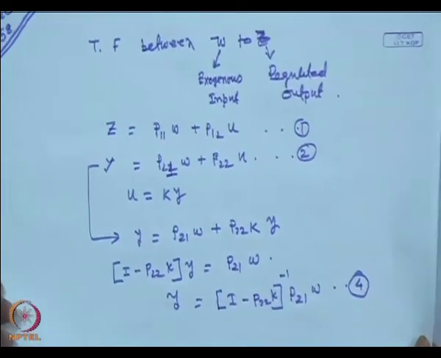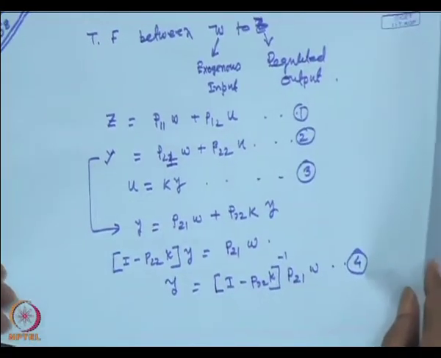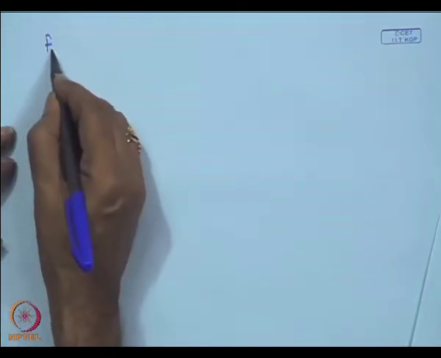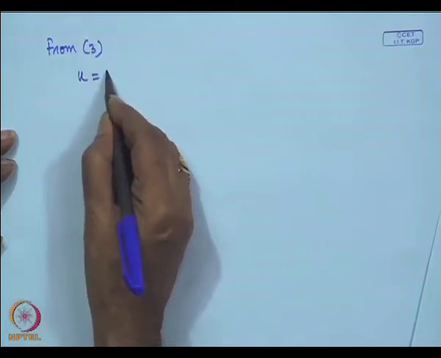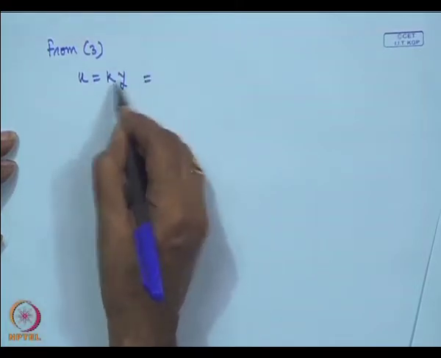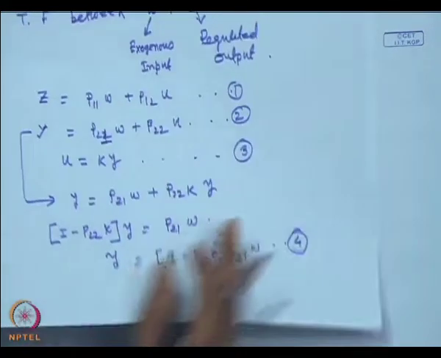Now, from equation 3, that I missed, we know U is equal to K into Y. We already know the expression of Y, so you put it there.